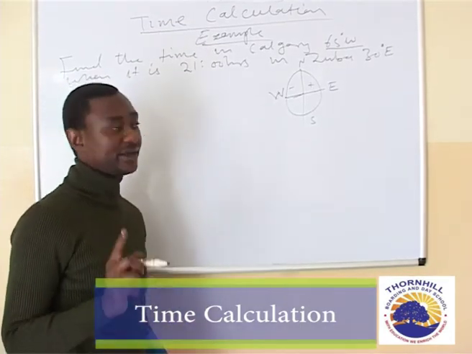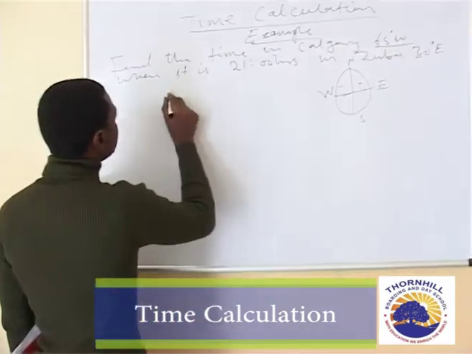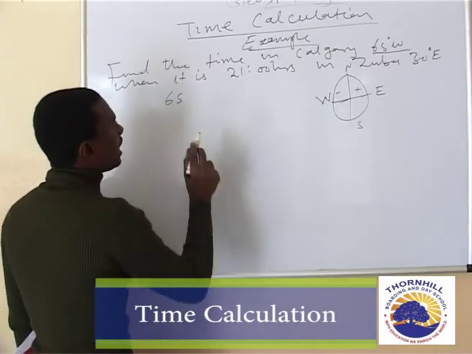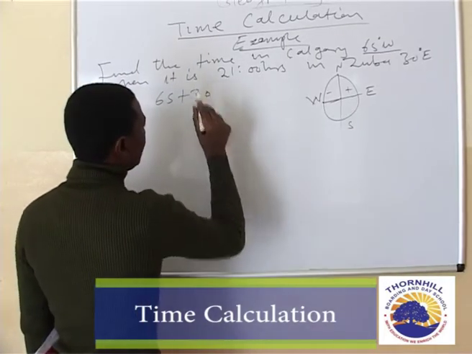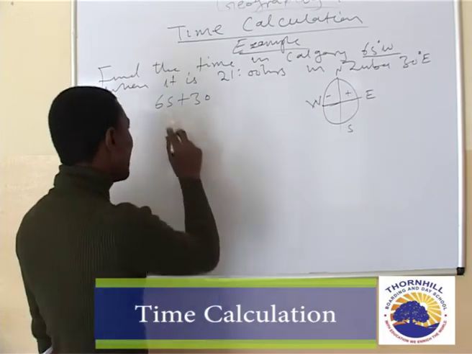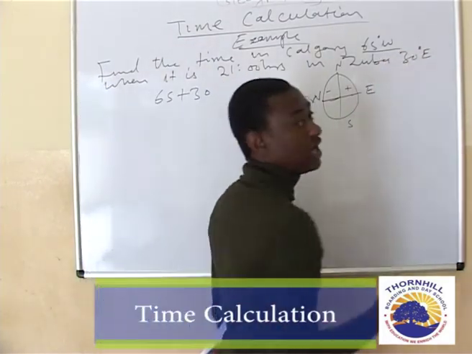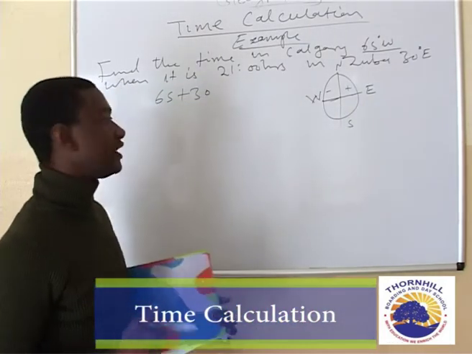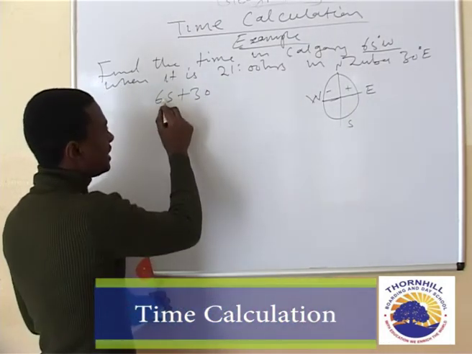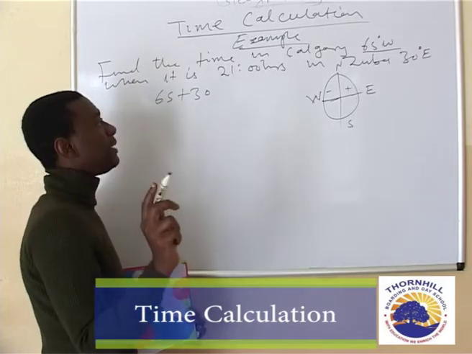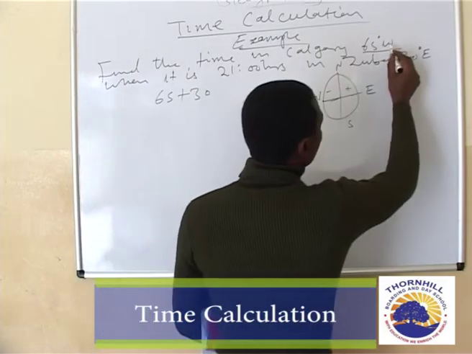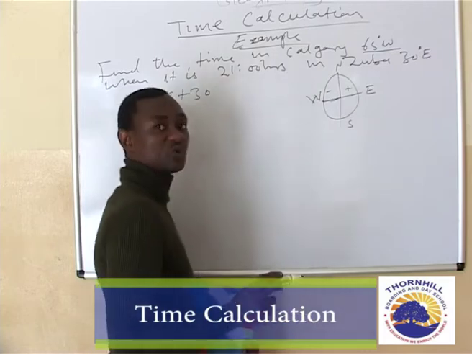Here we have 65 plus 30. We add 65 and 30 because this is west and this is east. When finding the difference in longitudes that are on the same side, you subtract. But when they are different, for example, this is west, this is east, you add.